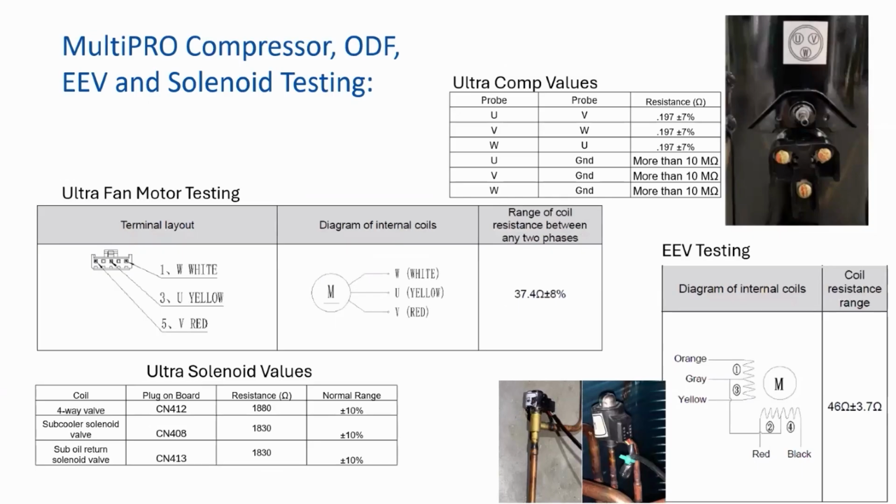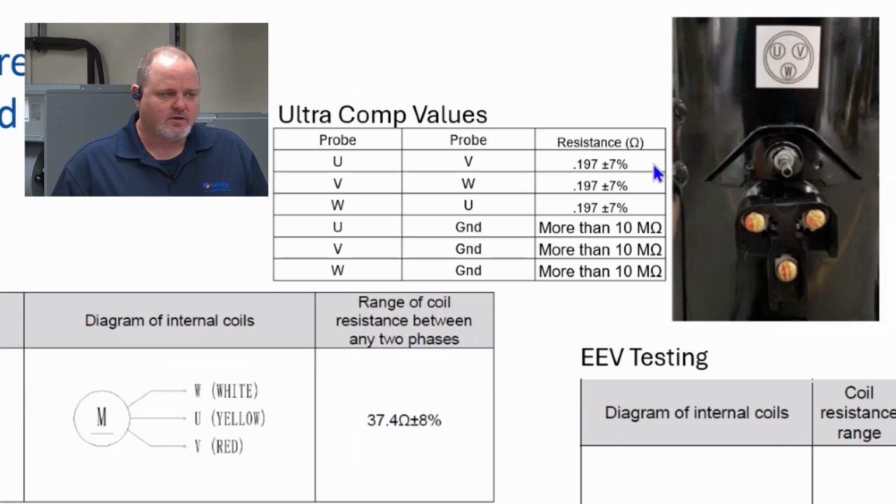And then also, when it comes to individual testing of components, like the compressor, I shared this with you here. This is out of the new GMV6 Ultra service manual. They're giving you specific resistances between U and V, V and W, W and U. Don't take that to the bank, guys, because it depends on the meter you're using and whether you're doing it through the wires or right at the compressor, the strength of your batteries.